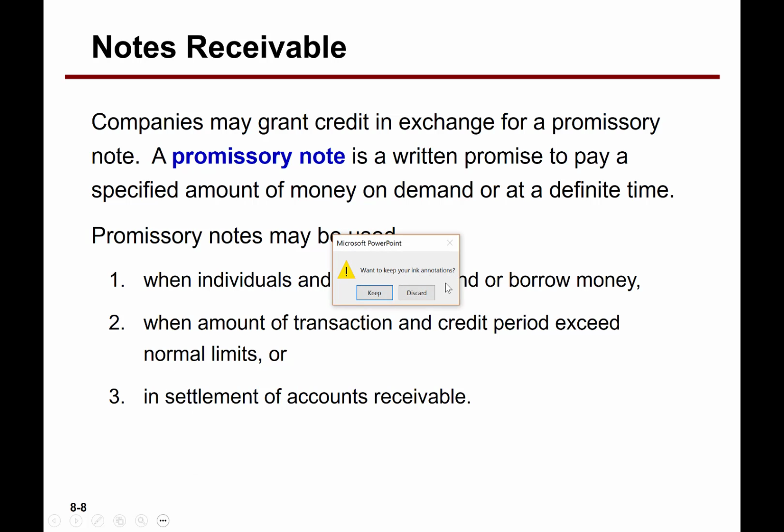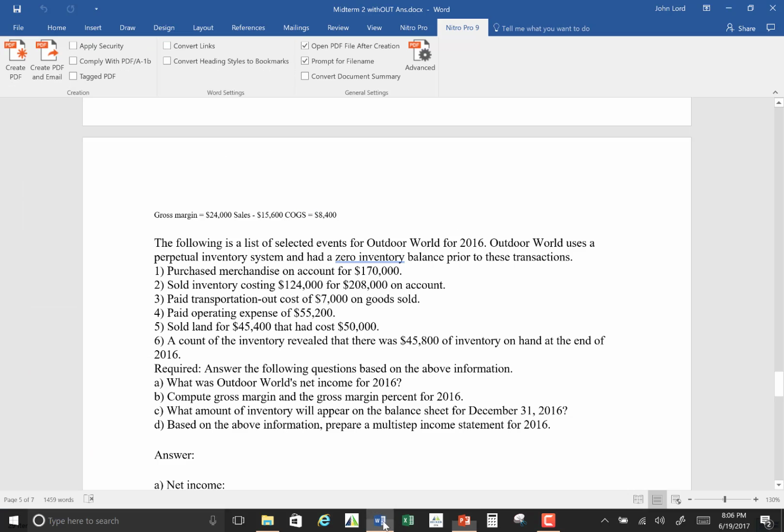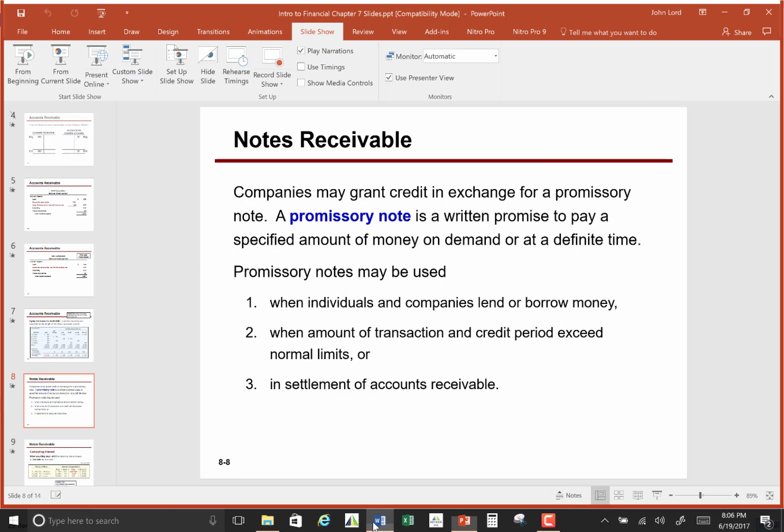So let's go ahead and get out of this for a minute. And let's take a look at the in-class example for today, which I did copy and bring with you, and I did have opened at one time.